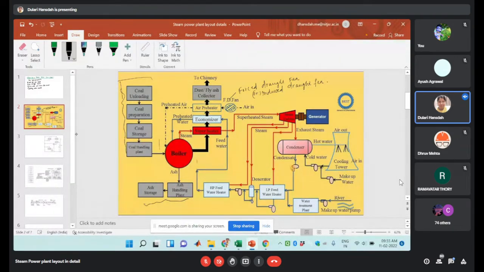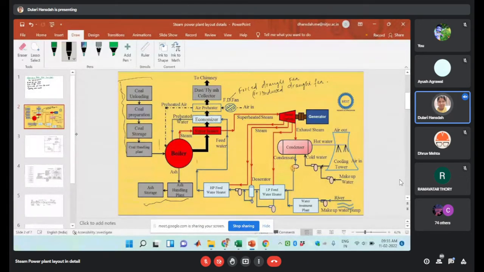Then the air will go to the furnace by passing through the air preheater. As I already told you, it will be heated by the hot flue gases, which are going to the chimney via the preheater. So this is the air circuit.